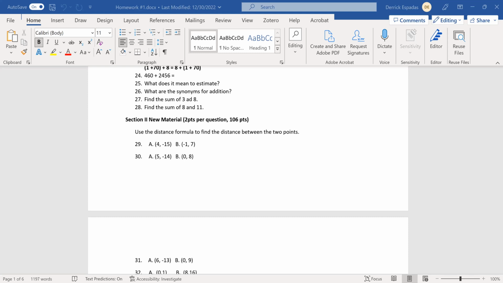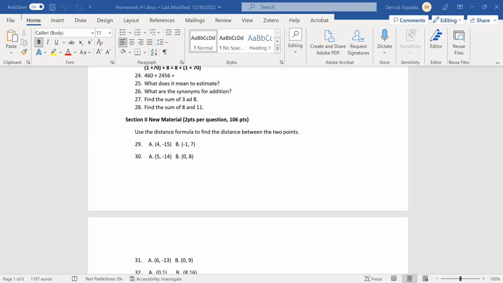So then we add, well, no, actually we're going to square both of them. So negative 5 times negative 5, positive 25, plus 20 times 20, which is going to the calculator. 20 times 20, 400. 400 plus 25 equals 425.